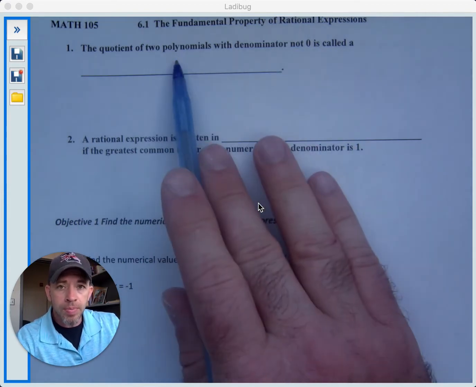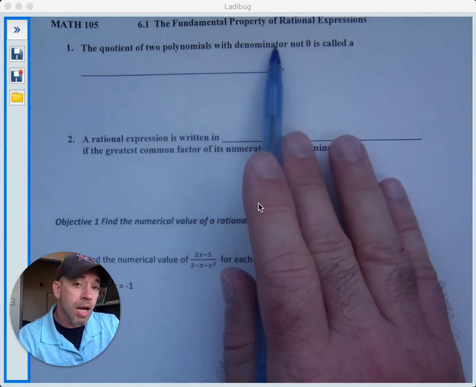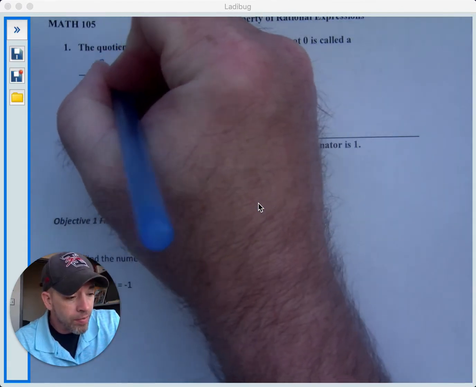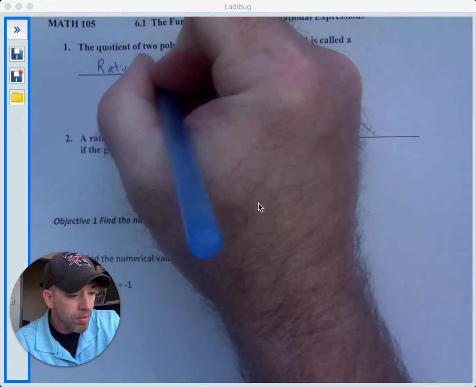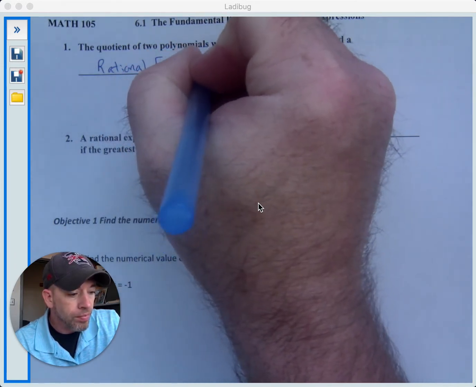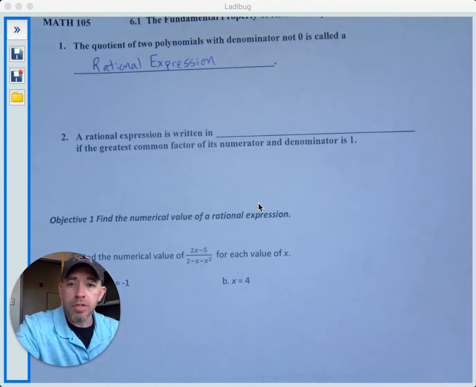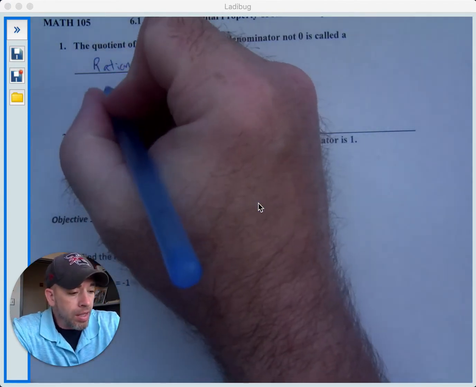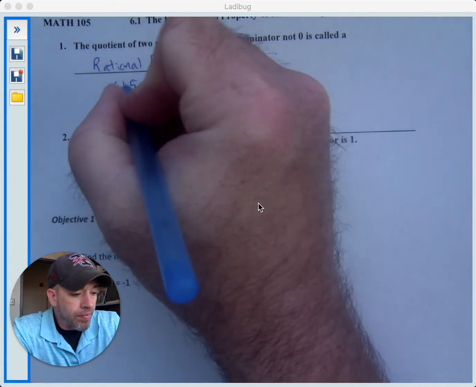So the quotient of two polynomials with denominator not zero is called a rational expression. Alright, so I'll give you some examples. So a polynomial could be something like x plus 5, right?